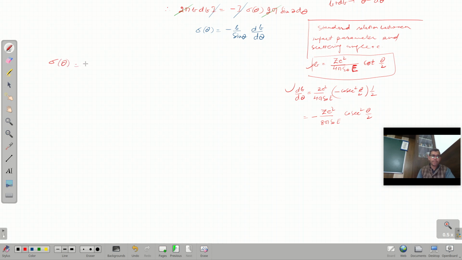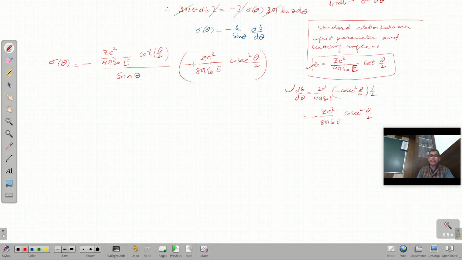The value of b is minus Ze² over 4πε₀E cot θ/2, and divided by sin θ, then minus Ze² over 8πε₀E cosecant square θ/2.